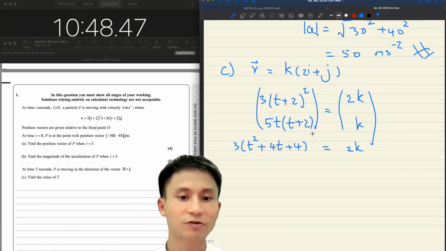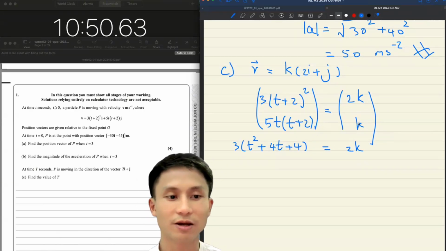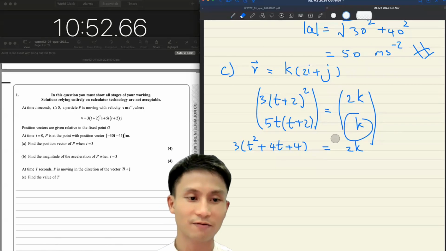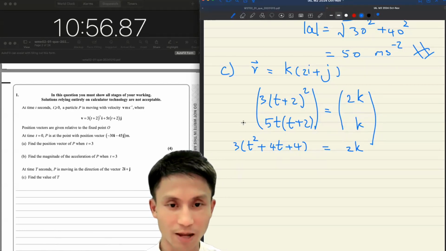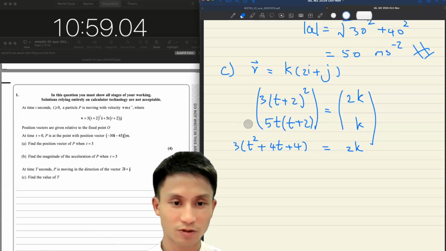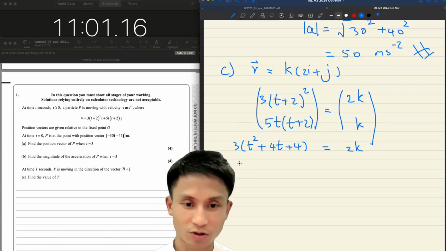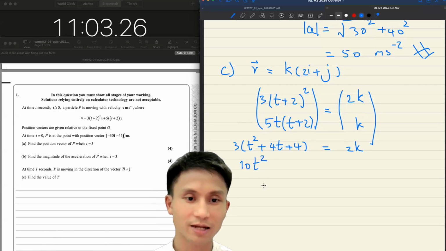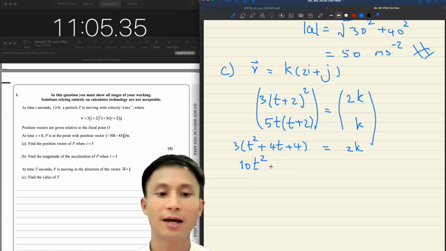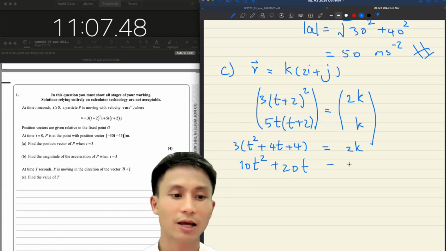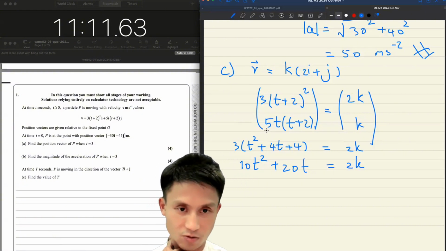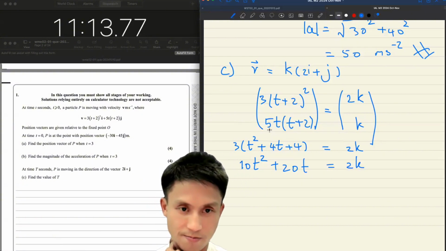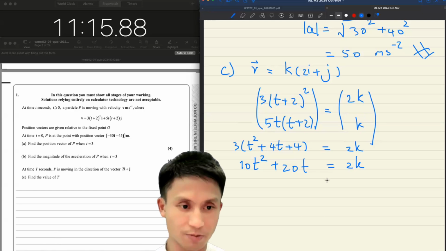The bottom one, after expanded, I'm going to multiply everything by 2 because I'm going to cancel k first, all right? So multiplying everything on the bottom by 2 while expanding also. So I get 10t squared, yeah? And then plus 20t on the right, and then plus 2k here on the right. Okay, yeah, I'm happy with that.